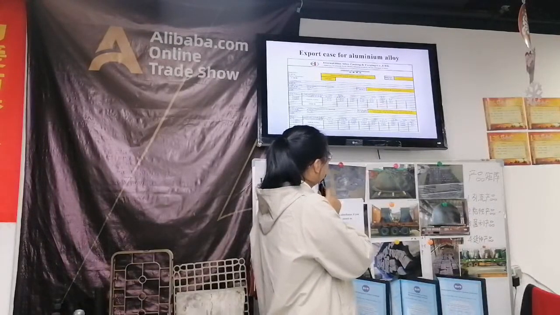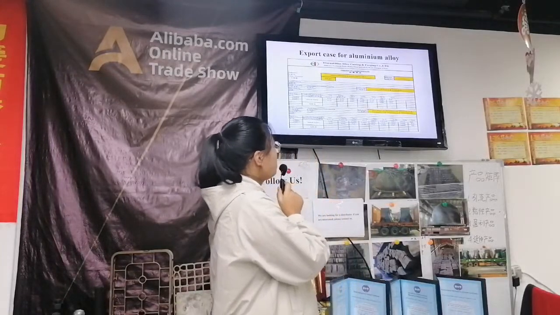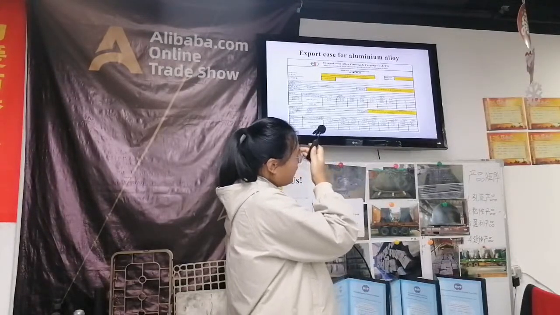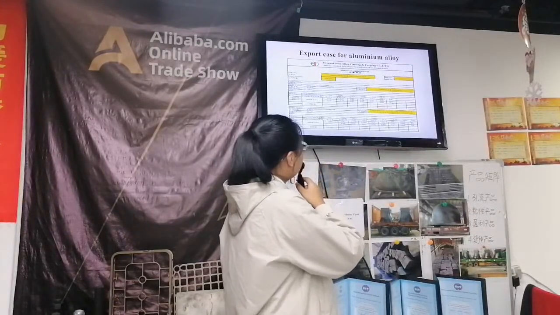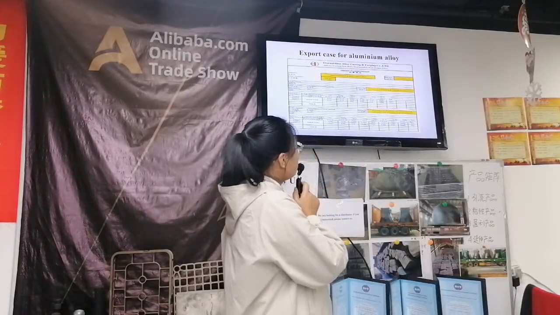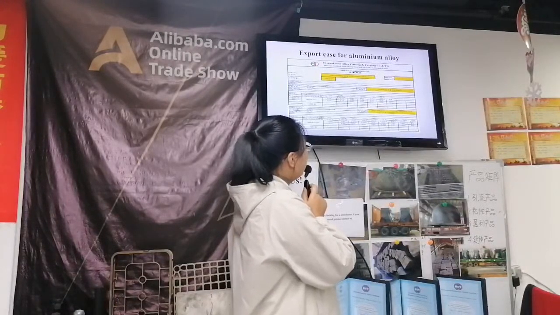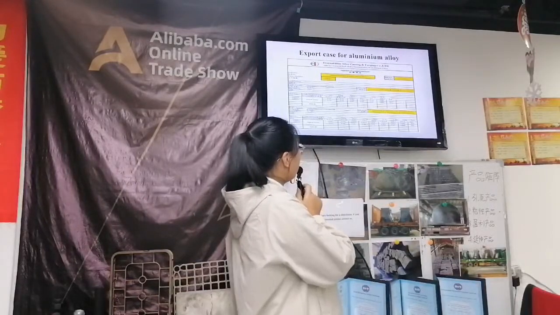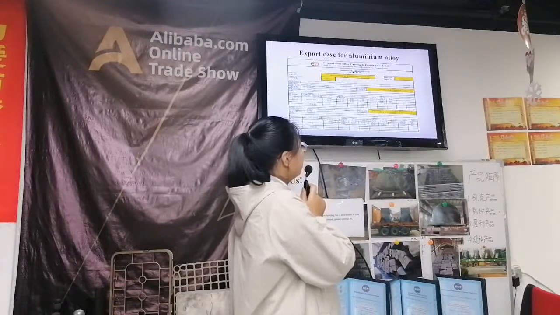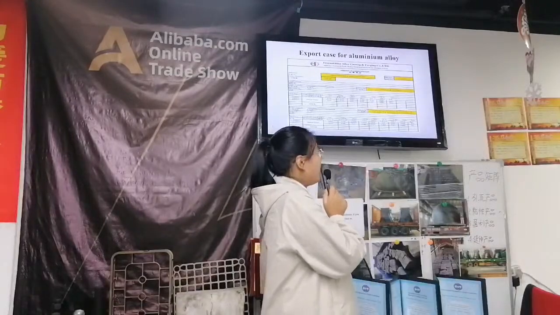For composition: for silicon, the range is 6.5 to 7.5, and the actual value is 7.1. For magnesium, the range is 0.25 to 0.45%, and the actual value is 0.4. And the aluminum is balanced.